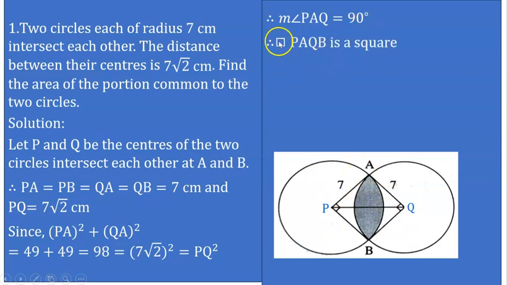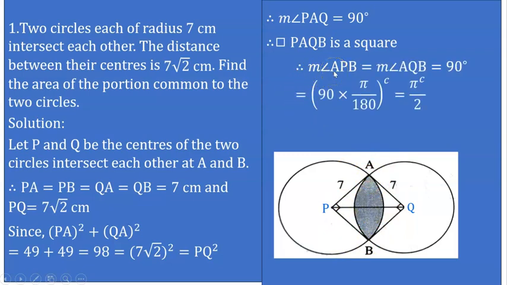Now, quadrilateral PAQB is a square, all sides are equal, and one angle is 90, and therefore it is a square. Measure of angle APB is equals to measure of angle AQB, that's equals to 90 degree.